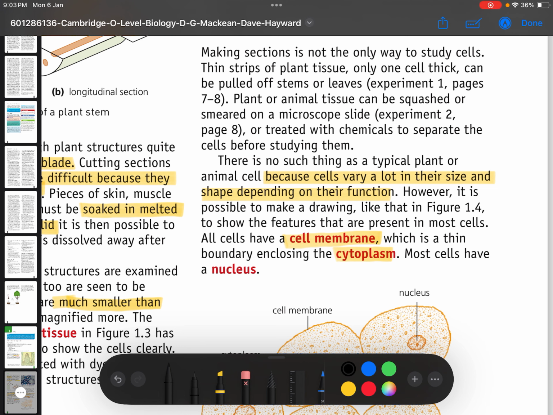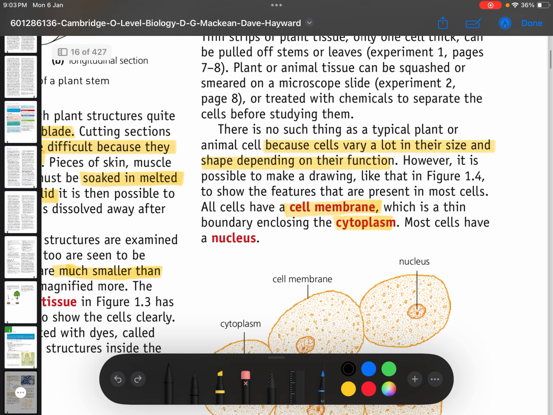For example, if there's a structure which needs a high level of absorption, there will be a thin membrane, because a thin membrane will let a lot of things absorb, whereas if there's a thick membrane, less contents will be absorbed into it. So that's one of the ways you can even identify cells, and their identification points is through how they look, like their size or their shape, which help in their functional qualities.